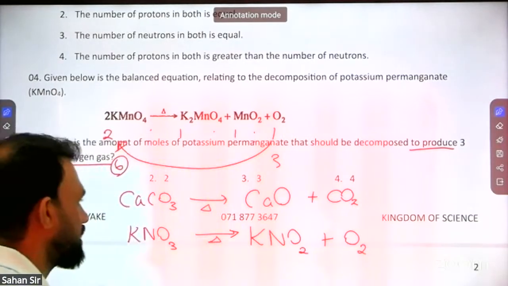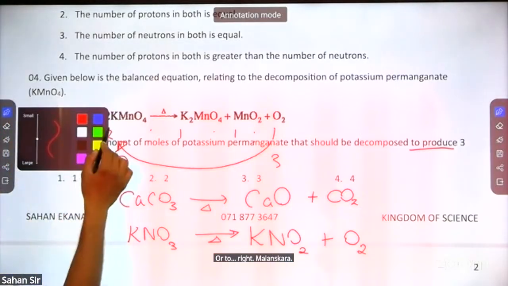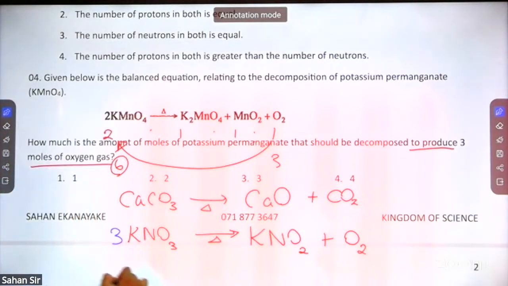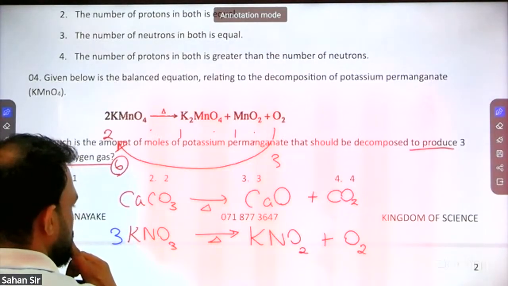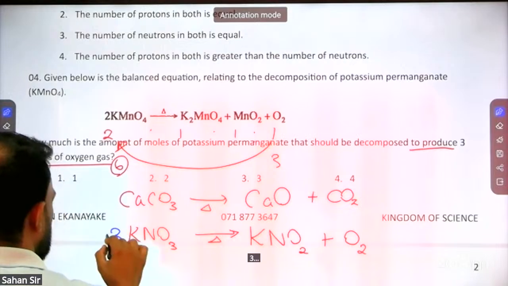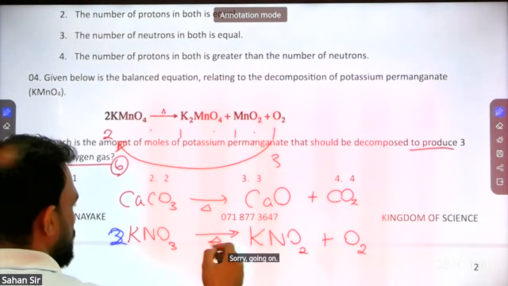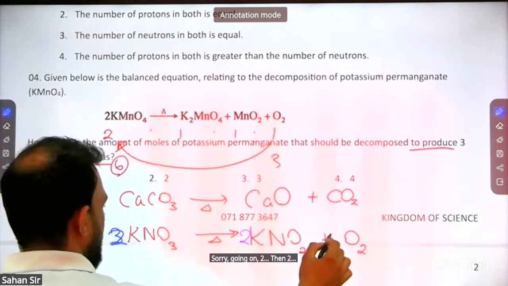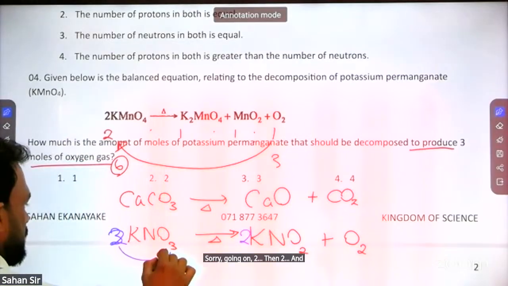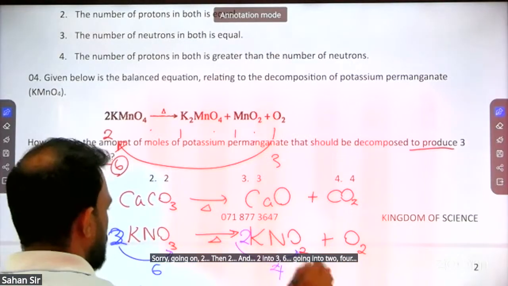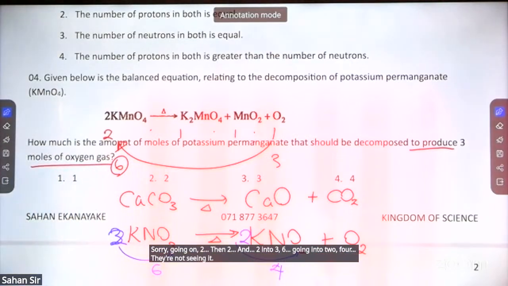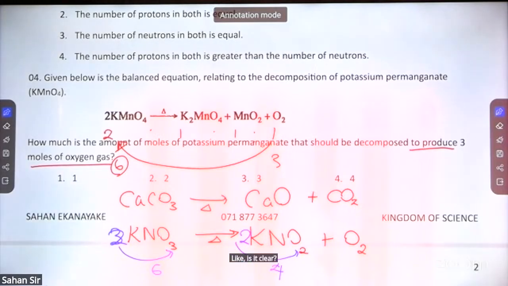Balance it: 2, then 2 and 2, into 3 is 6, 2 into 2 is 4, then oxygen. Is it clear? Okay.